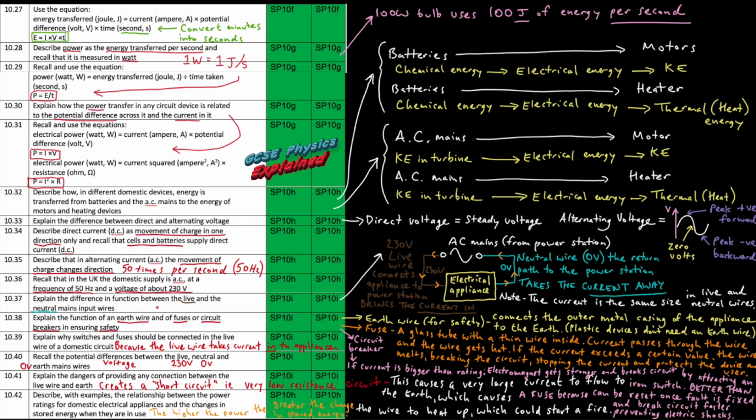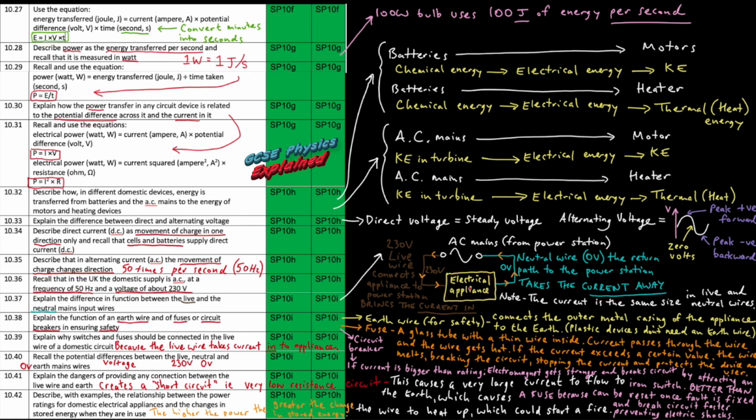Explain the difference in function between the live and the neutral mains wires. Okay, so basically the live wire is what brings the current in to the electrical appliance, and the neutral wire takes the current away from the electrical appliance.